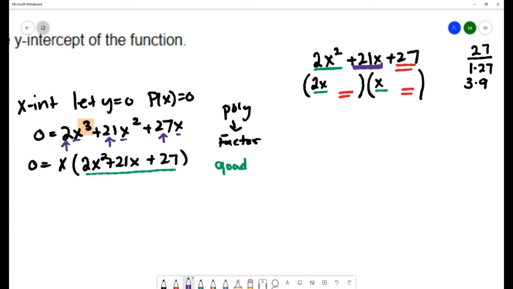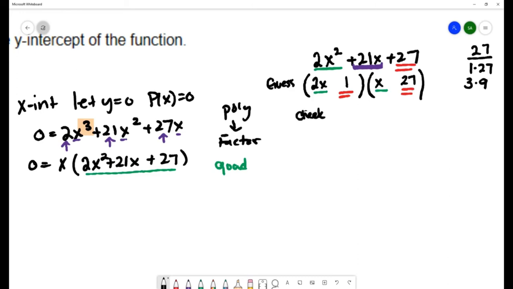So let's try the 1 and the 27. If I try the 1 here and the 27 here, that's my guess. And now I'm going to check to see if that's right.